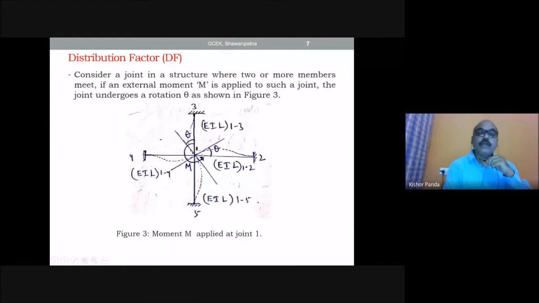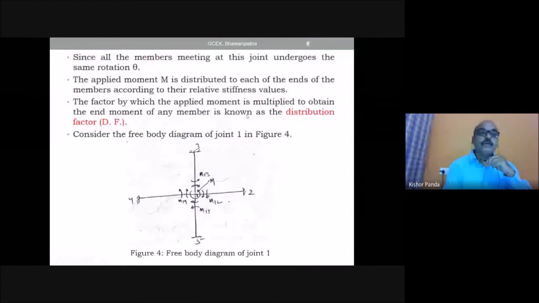This factor is known as the distribution factor. See the definition: the factor by which the applied moment is multiplied to obtain the end moment of any member is known as the distribution factor.